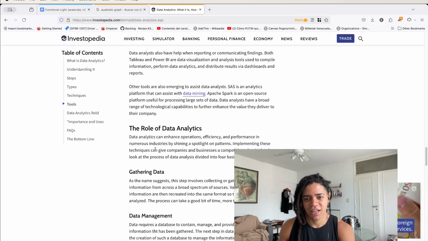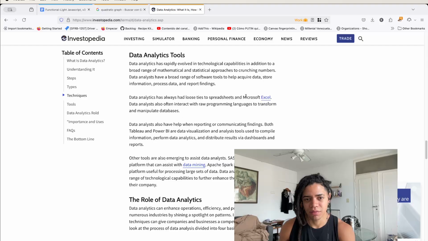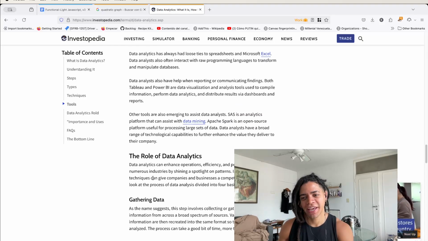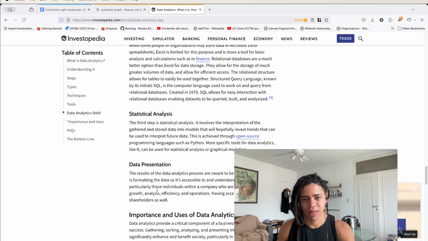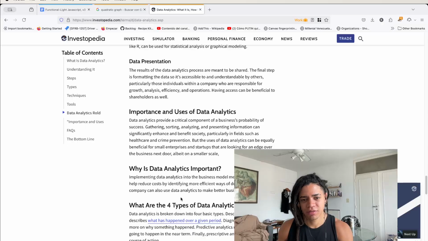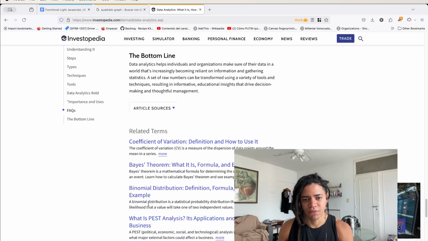I love Monte Carlo simulations. Data analytics tools, for example, Excel. All hail Excel, bro. Statistical analysis, data representations, and so forth.